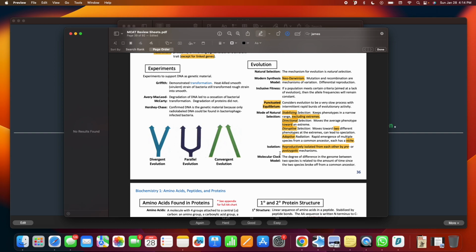Then we have the molecular clock model, which is the degree of difference in the genome between two species that is related to the amount of time since the two species broke off from a common ancestor.